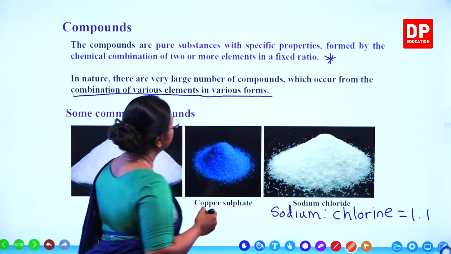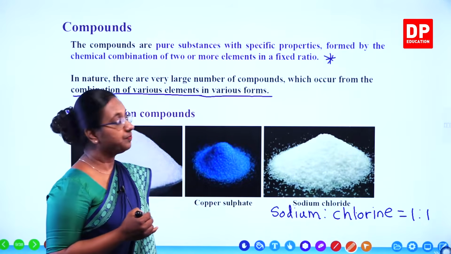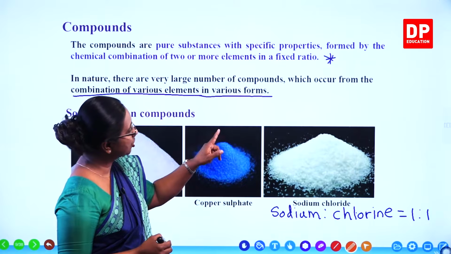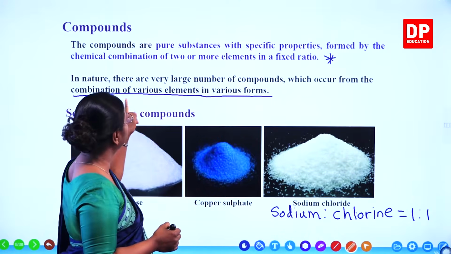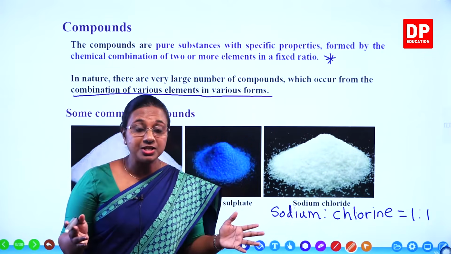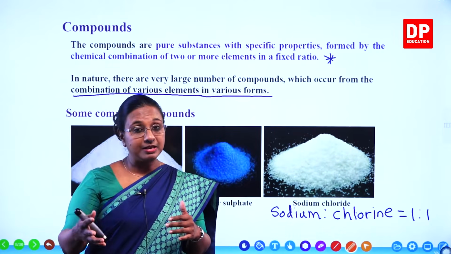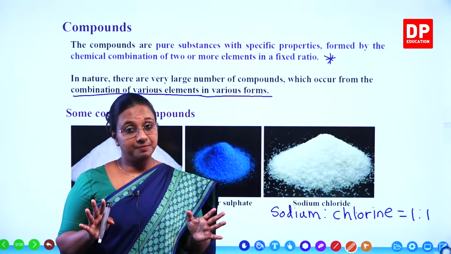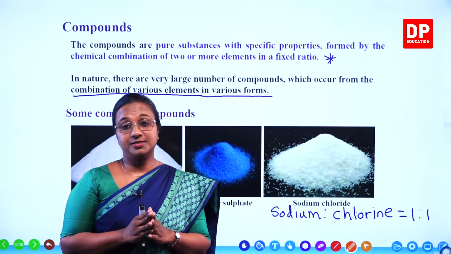That is what is given here. So, different ratios, different forms, different elements give rise to so many different types of compounds. Is that clear to you all students?